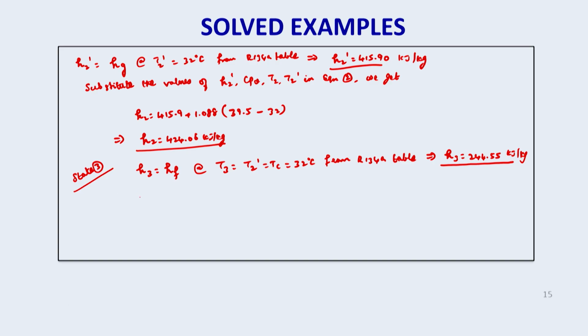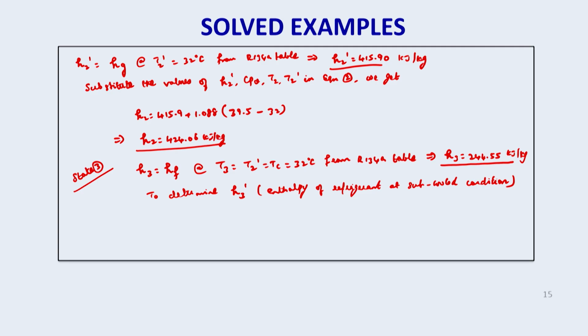So to determine H3 dash, which is the enthalpy of refrigerant at subcooled condition, we need to find out the enthalpy of the refrigerant at the subcooled state.